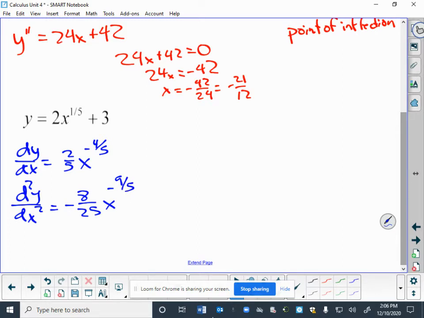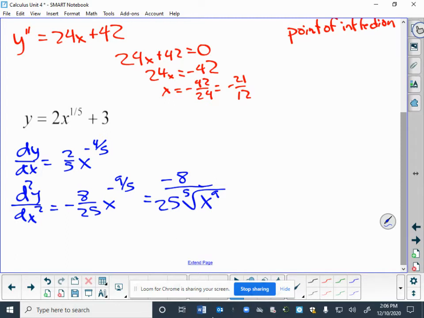Okay. And so our concavity change is first of all going to happen any place that we have, we're going to look for them at critical points of the derivative, which are any place that this is either 0 or undefined. Down here, you could write it as a negative 8 over 25 times the 5th root of x to the 9th.